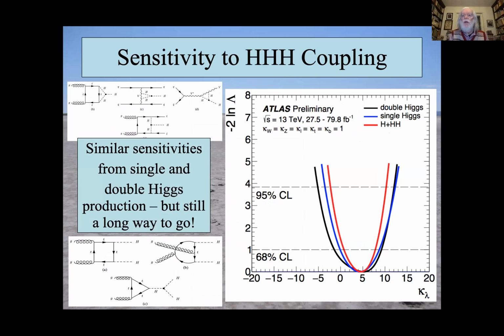It's at the level of several times the standard model prediction. And measuring this self-coupling of the Higgs is crucial, again, for such issues as the stability of the Electroweak vacuum. And it's also related to the possibility of a first-order phase transition in the early universe, which would be interesting, for example, for baryogenesis, but would also be interesting for gravitational wave experiments, as I will discuss later on.